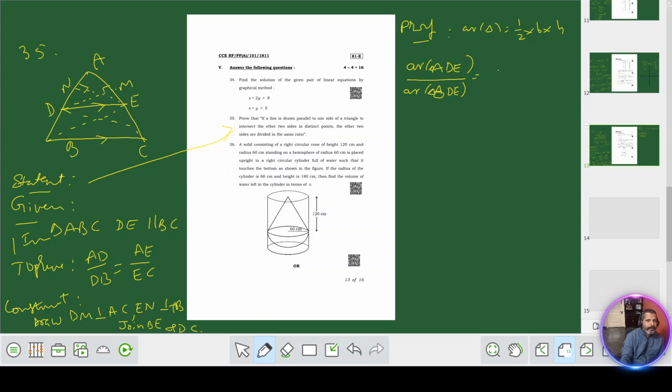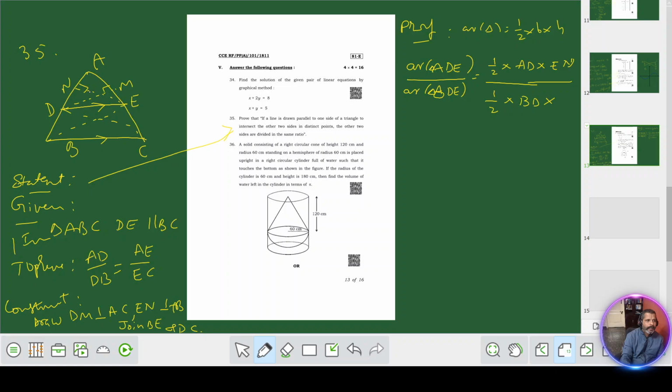For ADE, half into base is AD, because the height is standing on it, and the height is EN. There are two heights, but which one to take? When you take BDE, you have to take the height lying on the AB side, so it is EN. Then area of BDE is half into base BD into height. If you observe triangle BDE, the height is outside the triangle because it's an obtuse triangle. The height of an obtuse triangle always lies outside.